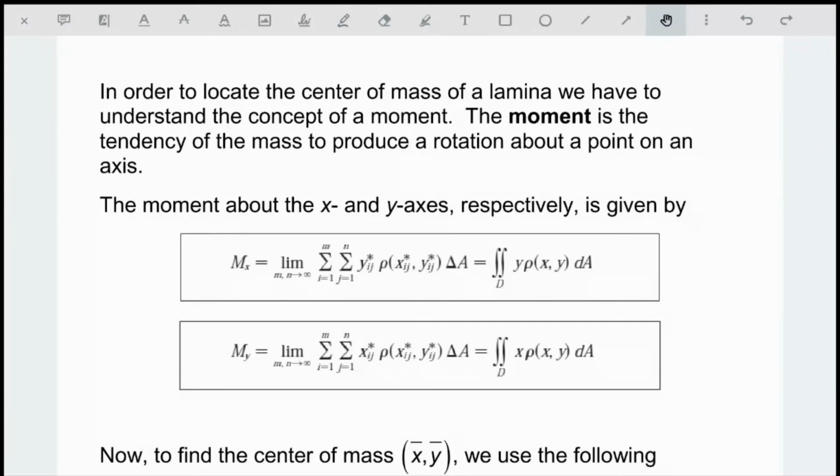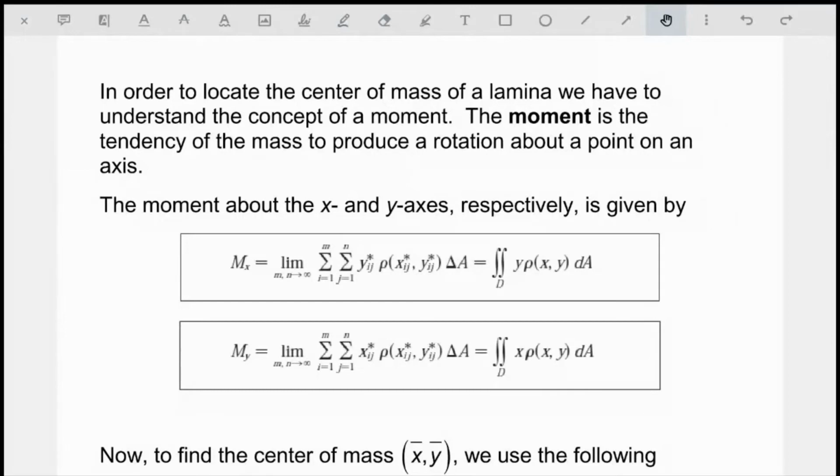And that's what the moment is a calculation of: how much does it want to actually rotate? The moment is dependent on how far you are from the axis you're looking at rotation around. For example, if I'm going to rotate about the x-axis, I'm thinking about how far is my mass from the x-axis.